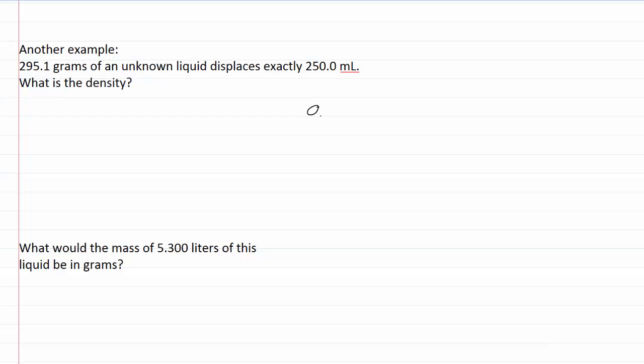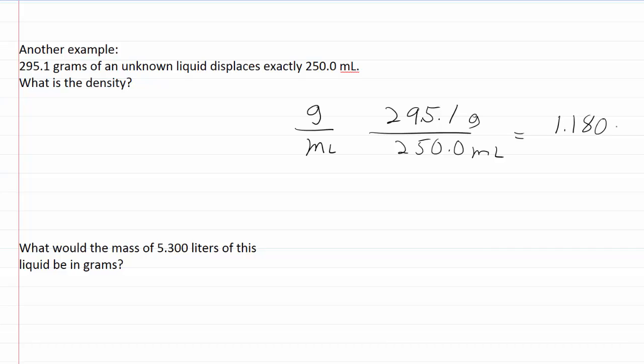Well, again, density is mass over volume, and so that's going to be 295.1 divided by 250 milliliters, and that gives me 1.180. Again, this time the units are grams per milliliter because my volume is in milliliters. So I found the density.